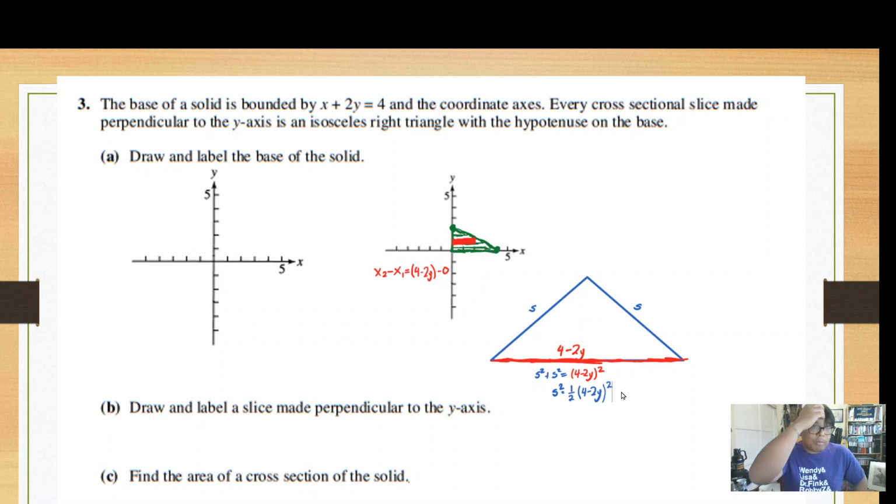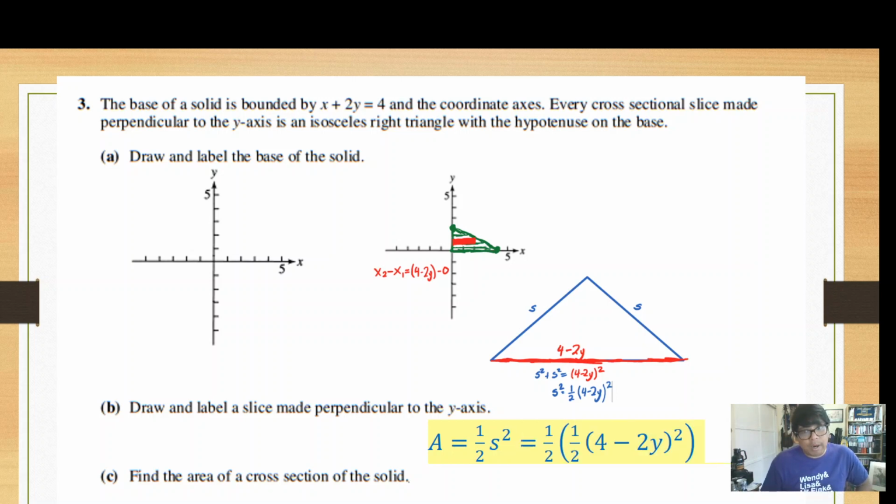Now, you're probably tempted to solve for s at this point, but that's unnecessary because the area formula is in terms of s squared. So if the area formula is 1/2 s squared, then the area is 1/2 of 1/2 of (4 minus 2y) squared. And the area of the cross section, therefore, is 1/4 of (4 minus 2y) squared.